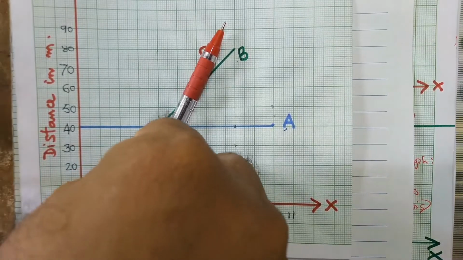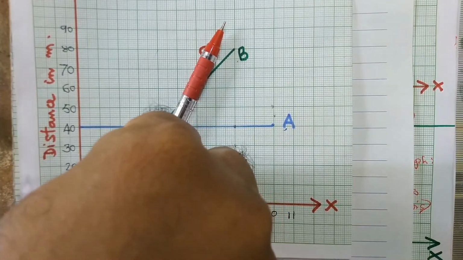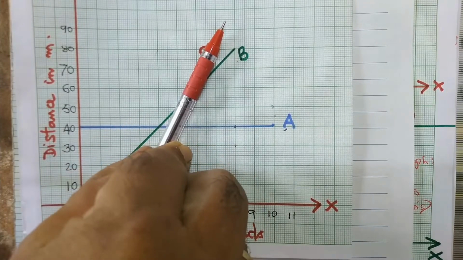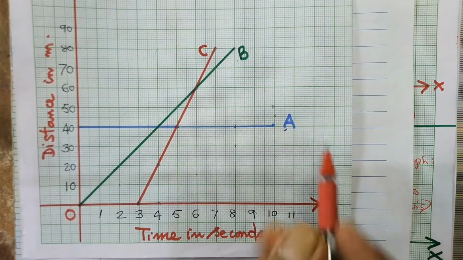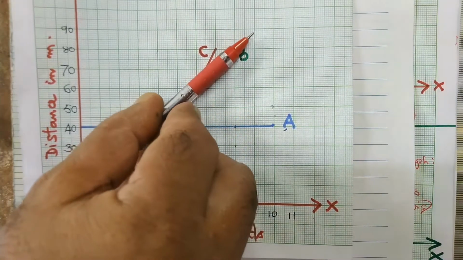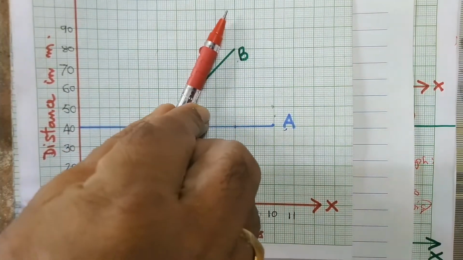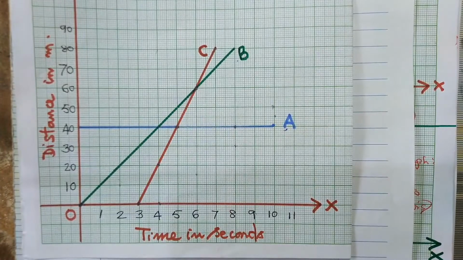However, you know very well body A is having 0 speed. Already we have discussed this. Now, the slope of B is like this, the slope of C is like this. Out of these two, whichever has more slope has the highest speed. Then we can say that easily.